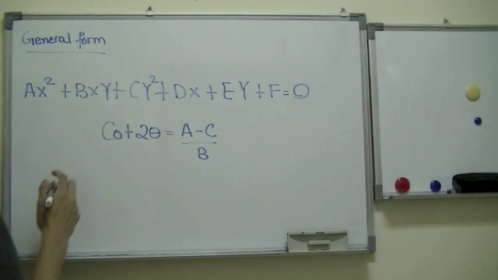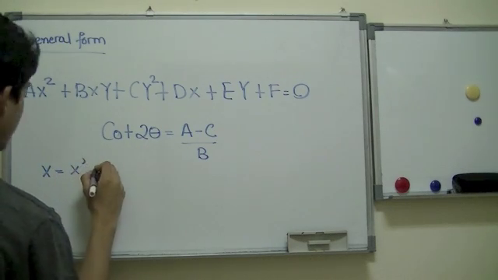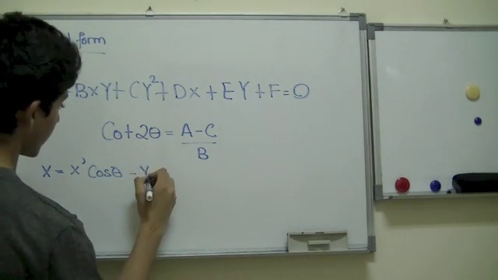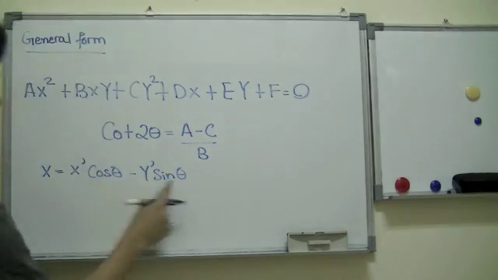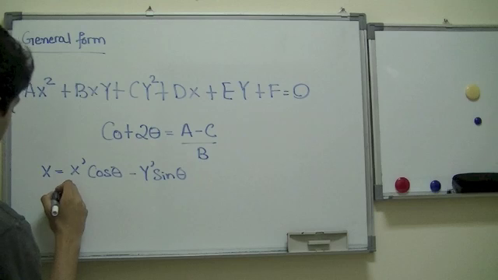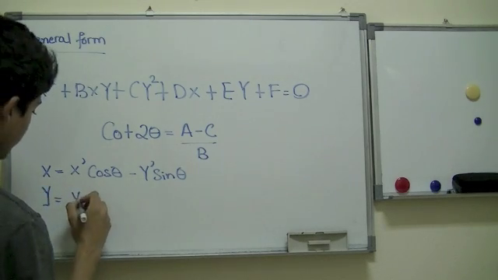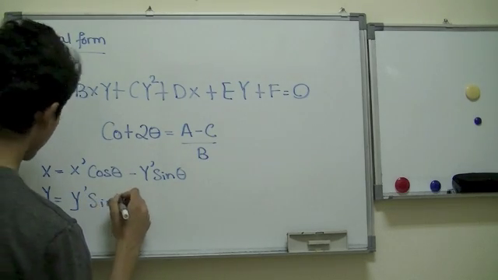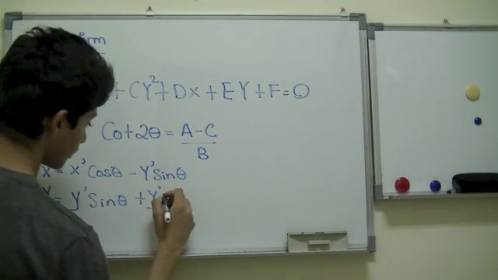So if you do that, it would basically equal out as x is equal to x prime cosine of theta minus y prime sine of theta. You know how sine and cosine are related to each other, since we know a lot about them. To find y, it would be x prime sine of theta plus y prime cosine of theta.